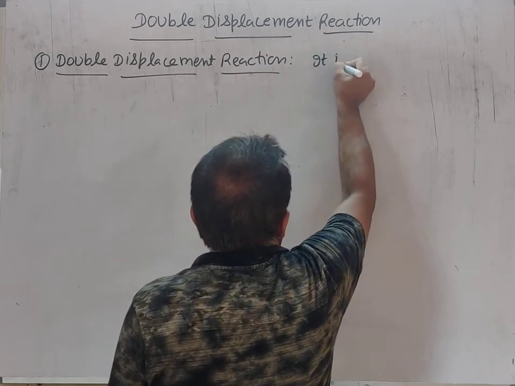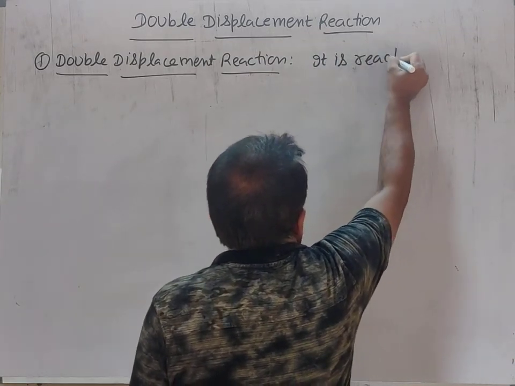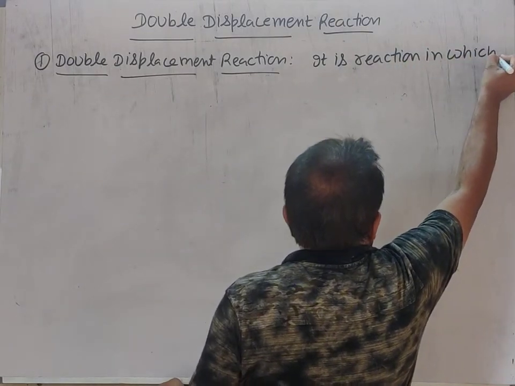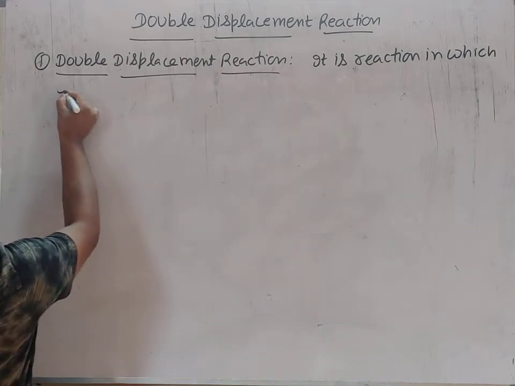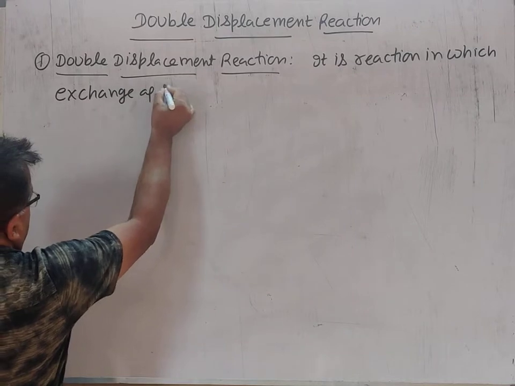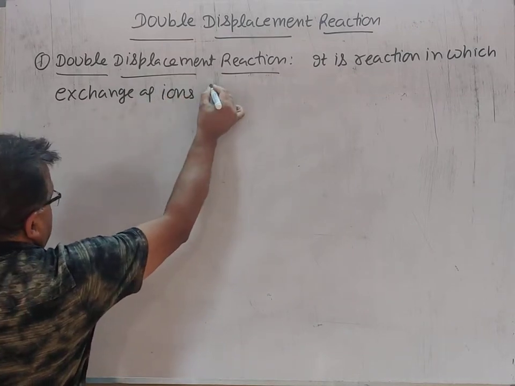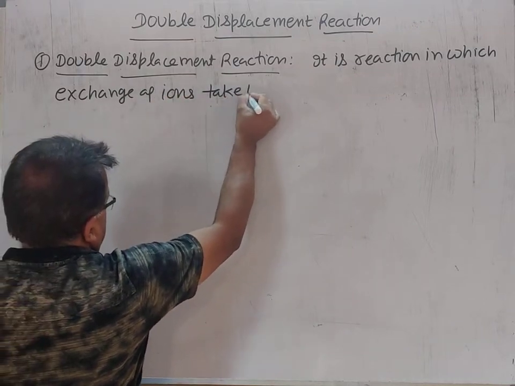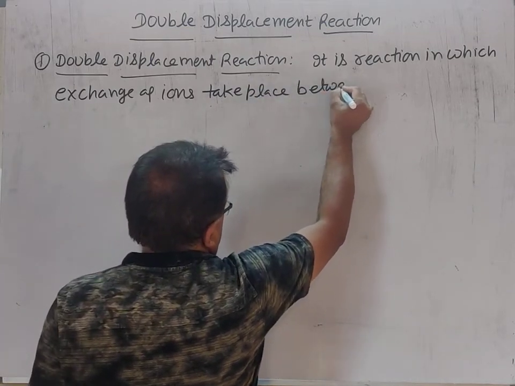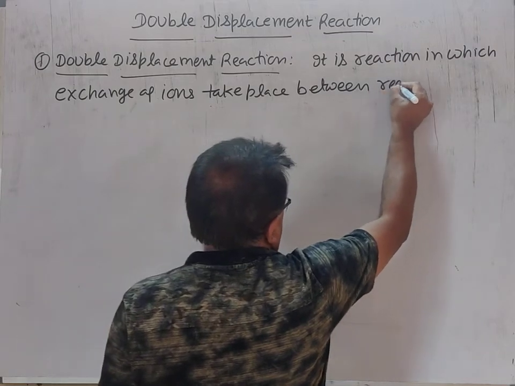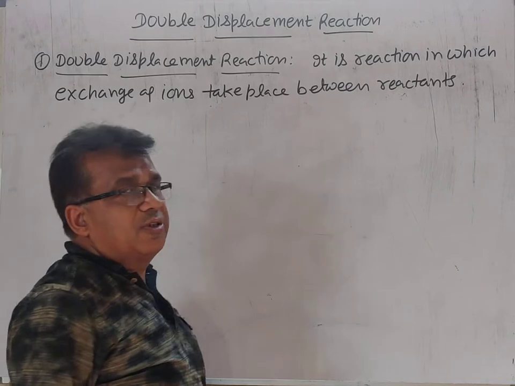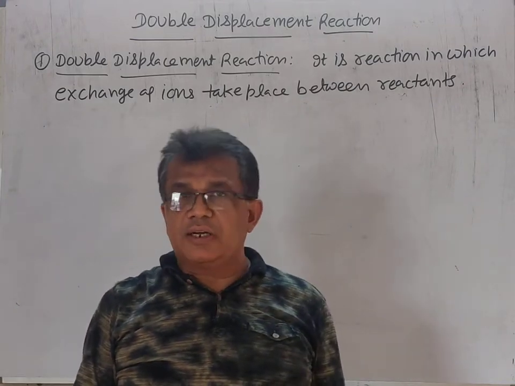It is a reaction in which exchange of ions takes place between reactants. This is the definition: a reaction in which there is exchange of ions between the reactants.